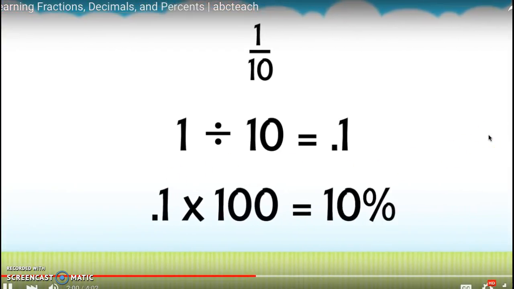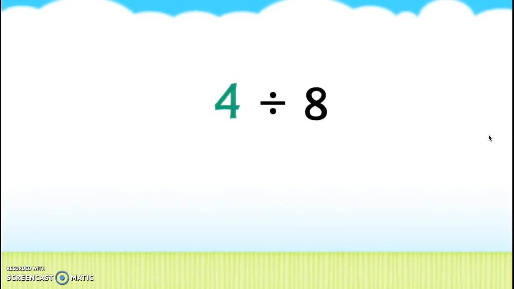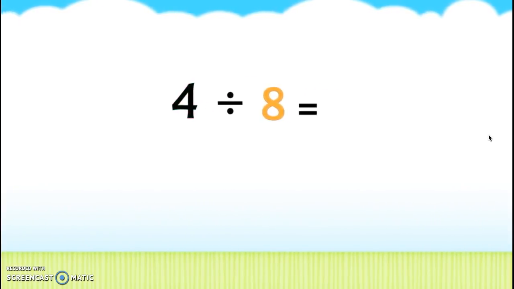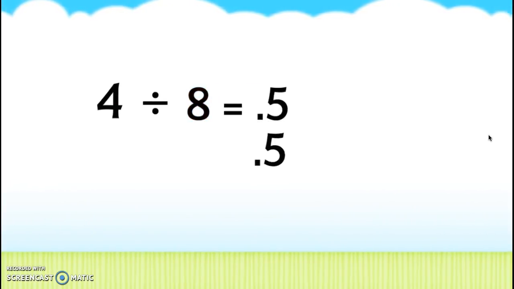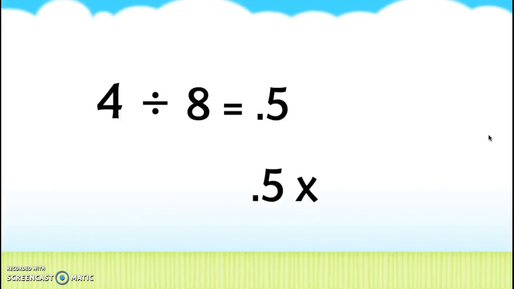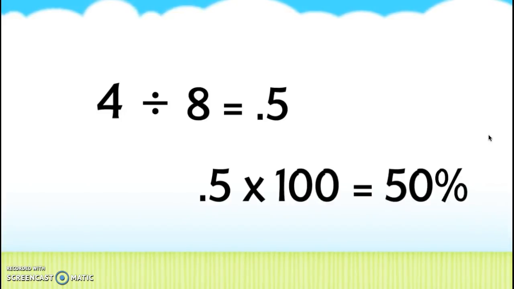It's easy once you see how. Divide the numerator by the denominator. The numerator 4 divided by the denominator 8 equals 0.5, or 5/10. That shows you the decimal. 0.5 times 100 is 50, or 50%. Multiply the decimal by 100, and you've got the percent.